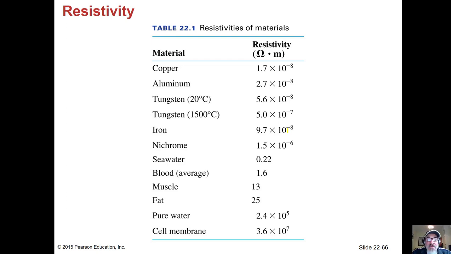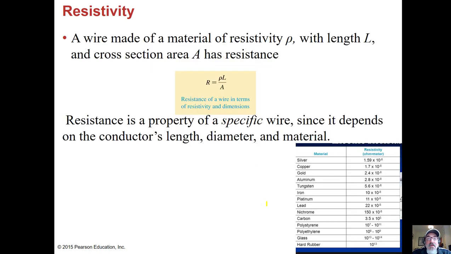Okay, so just some values here. Muscle versus fat. Remember the first picture that we saw from this chapter, the body fat device works on this principle that muscle has a smaller resistance to the flow of current than fat does. Okay, and here's the formula.